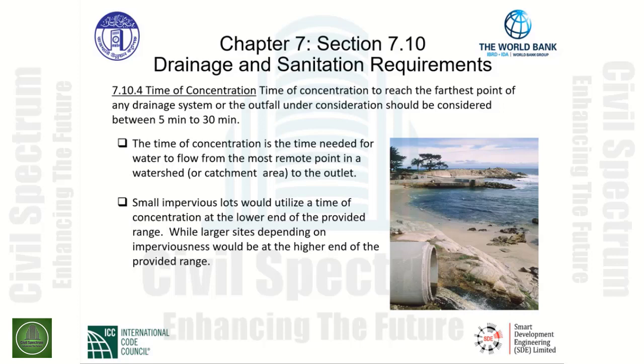It will then follow the slope of the sidewalk onto an adjacent parking lot. It will follow the slope of the parking lot to a ditch, where it will leave the building site. The duration of time that the raindrop took to travel that distance is the time of concentration.